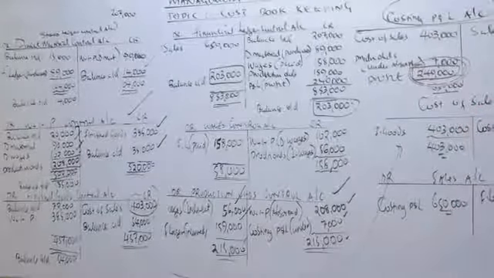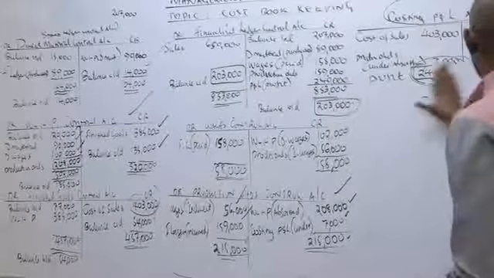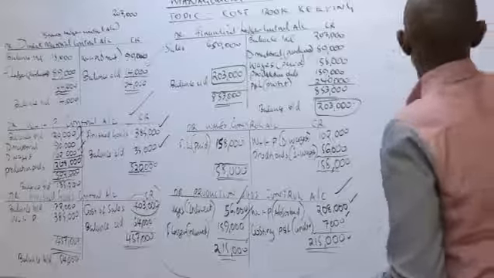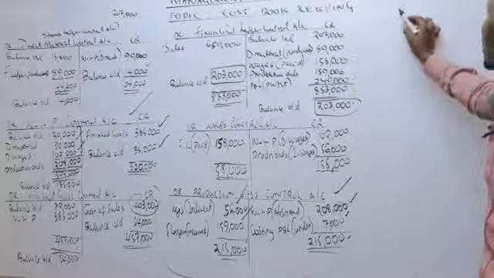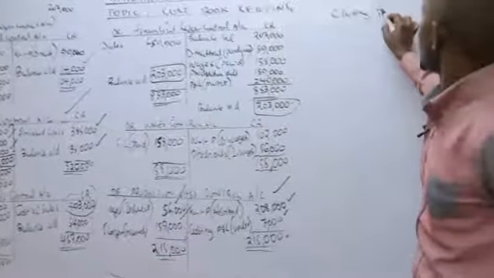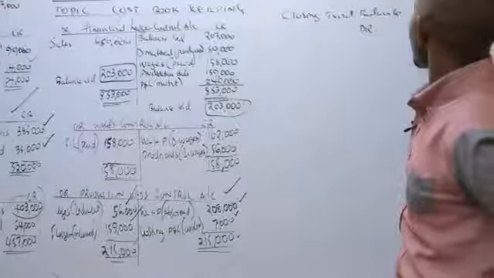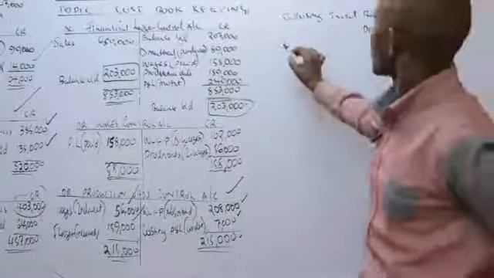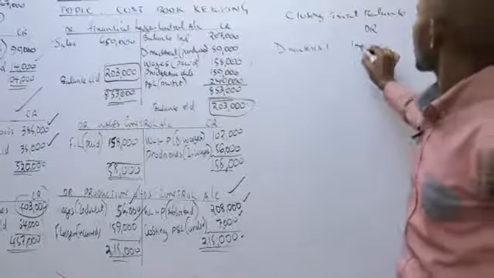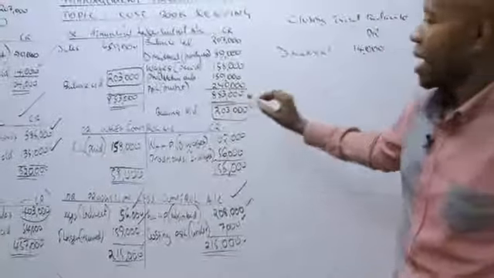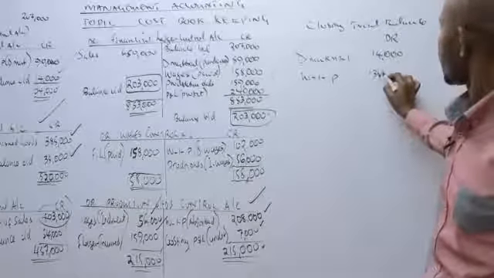Let's write that closing trial balance here very quickly. Okay, closing trial balance. So again, this is the debit and this is the credit. So I will start with direct material, and direct material is 14,000. Then I have work in progress. Work in progress is 135.